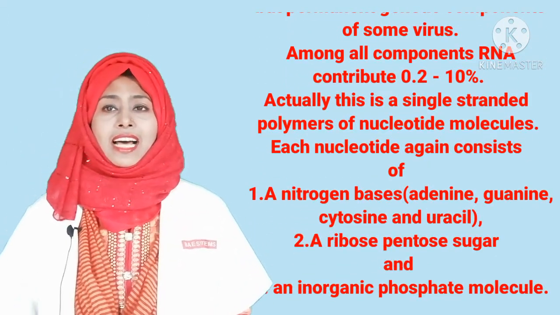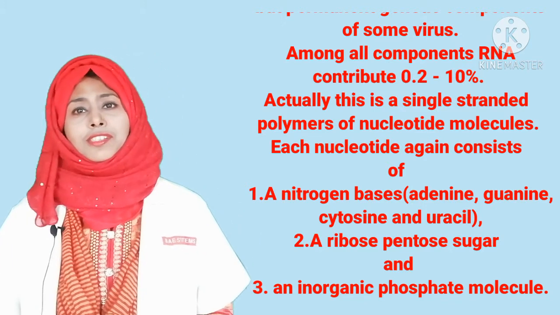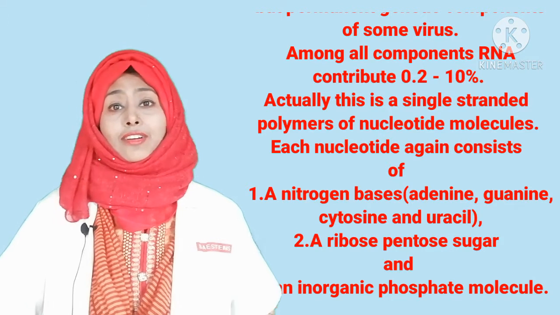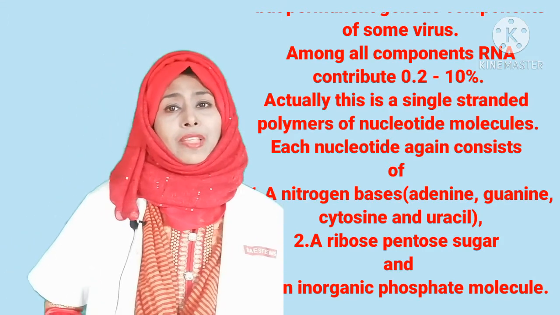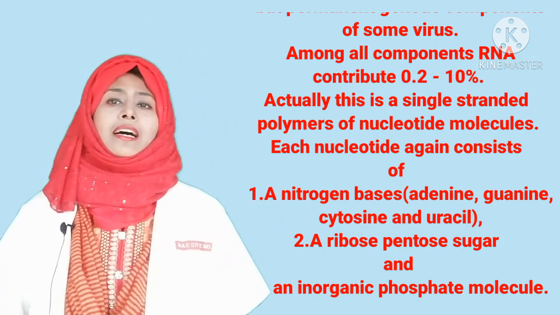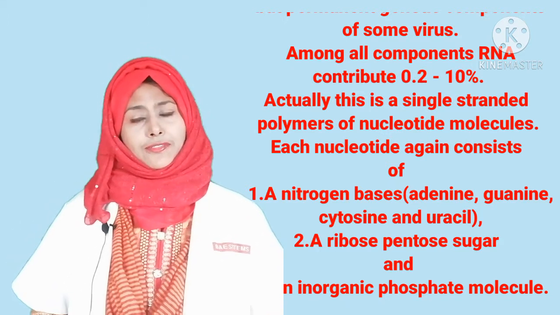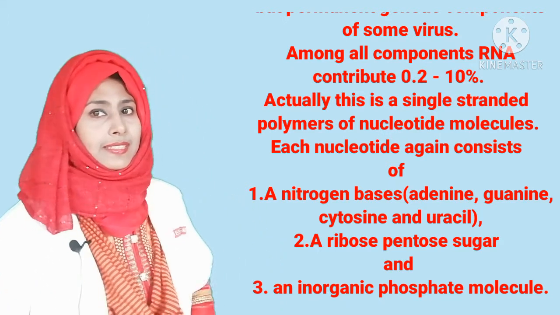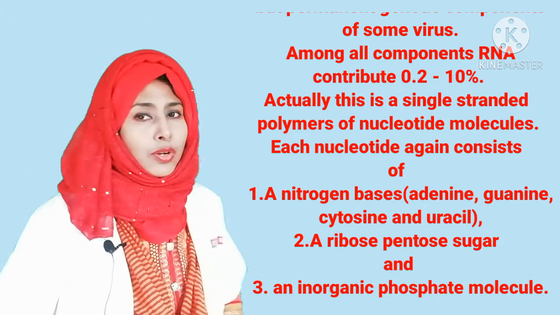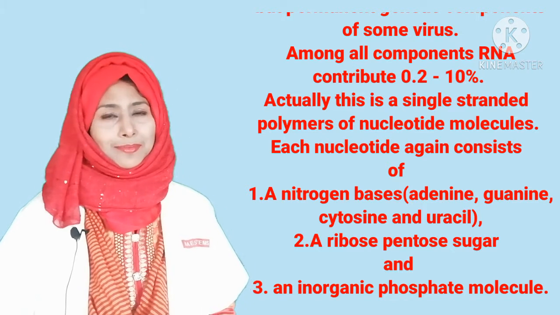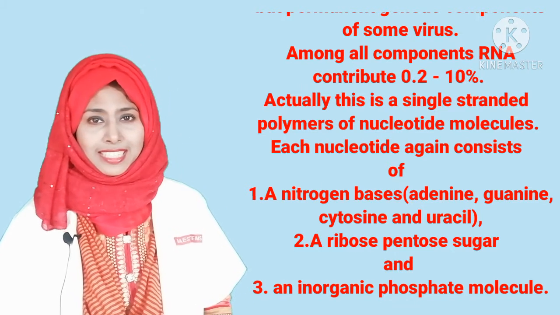Actually, this is a single-stranded polymer of nucleotide molecules. Each nucleotide again consists of nitrogen bases, a ribose pentose sugar, and an inorganic phosphate molecule. Nitrogen bases are adenine, guanine, cytosine, and uracil. Not thymine, uracil.